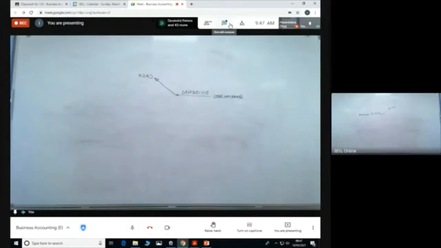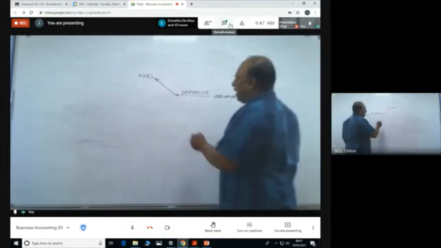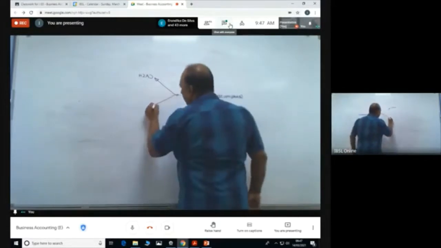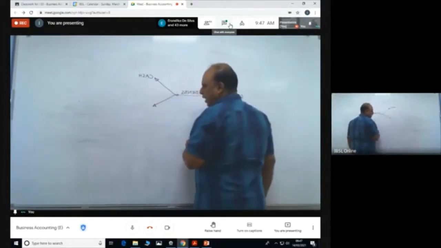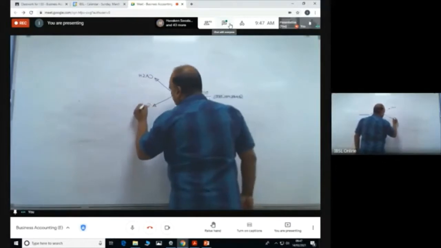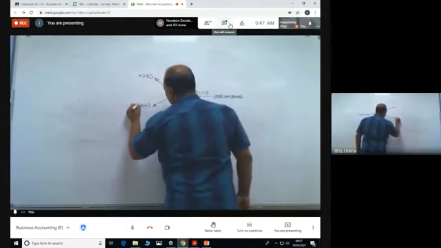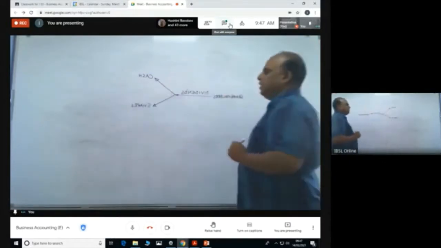Now, if you are a company where you don't have that much cash, but you still want to pay dividend, but you don't want to give out cash also, you have an option where you can give the dividend still, but in the form of shares.